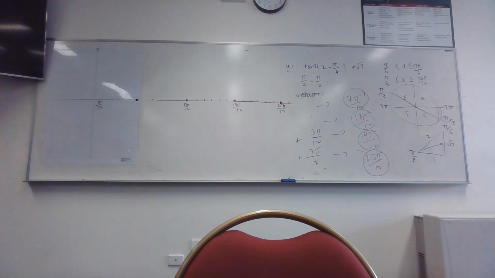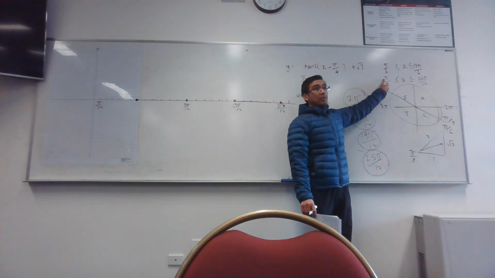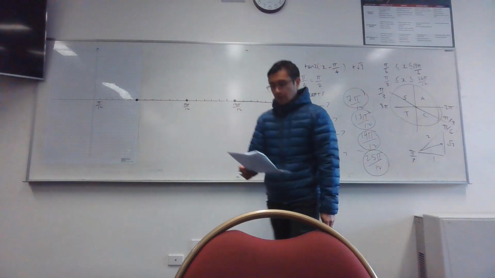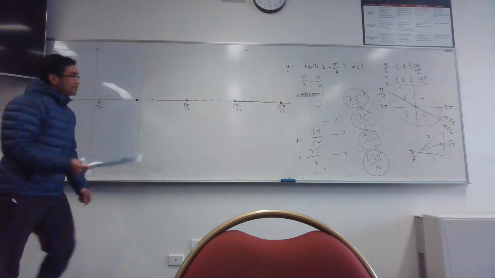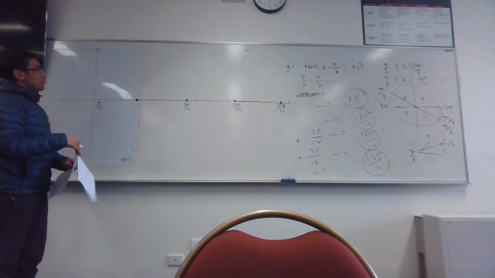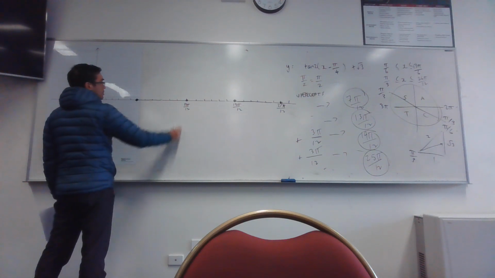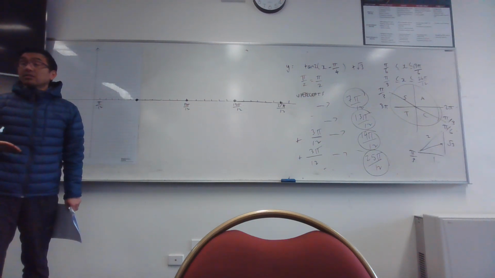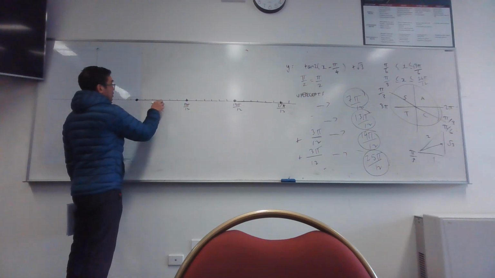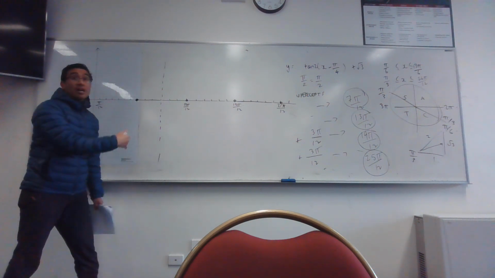Okay. As you can see, our last intercept fits into our changed domain that we had to recalculate. All right. Where are my asymptotes going to go? If you do it the quick way, 1, 2, 3, 4, 5, 6. It sits nicely. 1, 2, right here. I'm just going to halve.